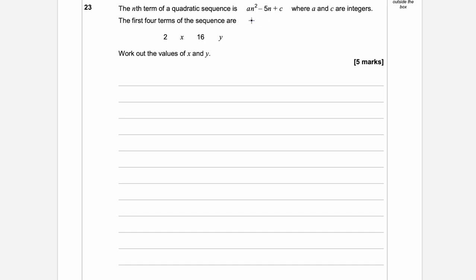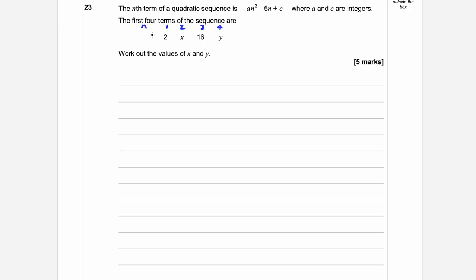So what I'm going to do is use these two first. We'll use this one and this one. So this is n is 1, 2, 3, 4.